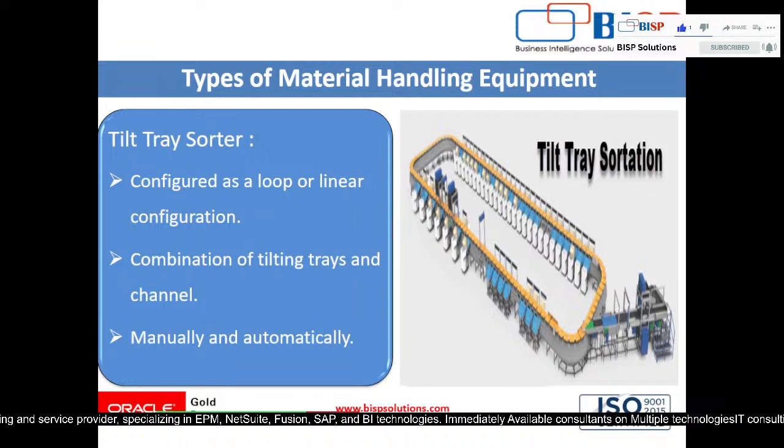The products are scanned at the entrance, and when a product reaches its assigned location, the tray is tilted and the product is discharged down to the assigned channel, right? Initially it's manual, but after that it is performed automatically, right?